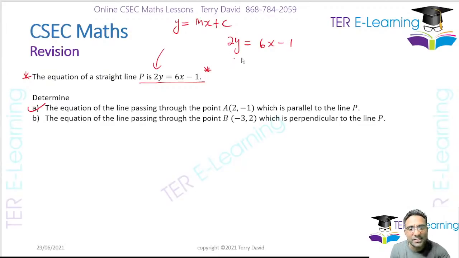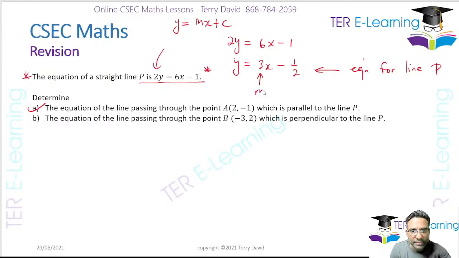I need to get rid of this 2 in front of the y, so I need to divide every single term by 2. 6x divided by 2 gives me 3x, and 1 divided by 2 gives me a half. So this is my equation for the line P, and from it my gradient is 3 and my y-intercept is minus a half.